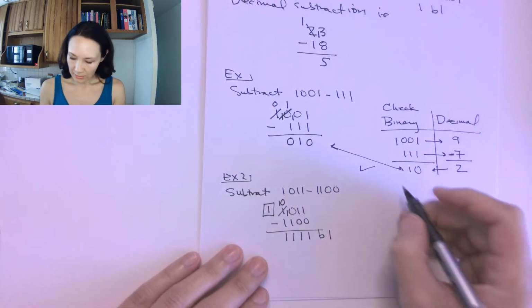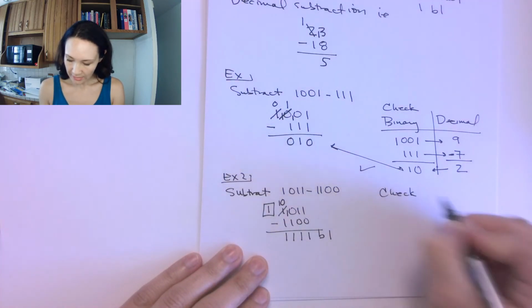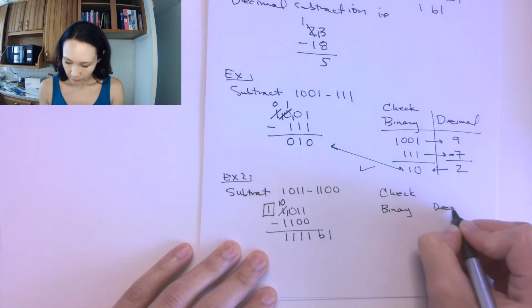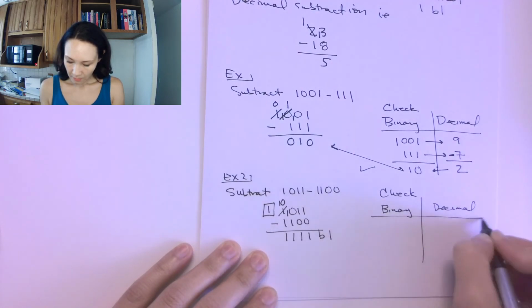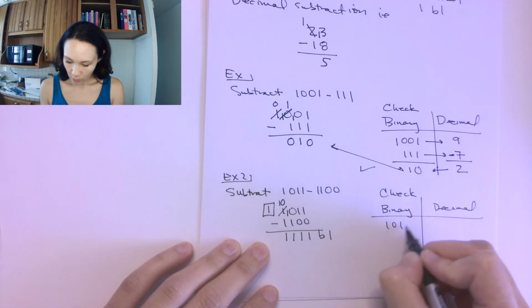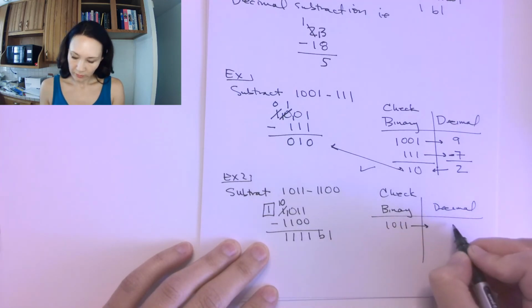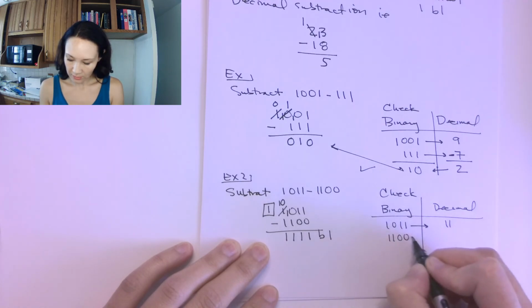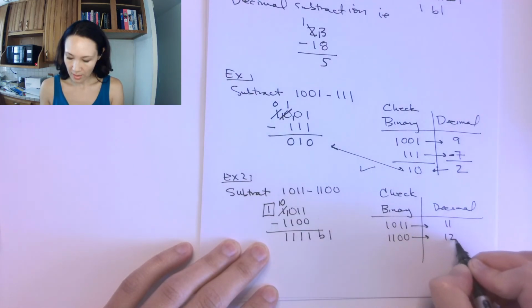Okay, so I can check this just like I did in the previous problem. My binary number 1011, the decimal equivalent of that is 11. And then 1100, the decimal equivalent of that is 12.